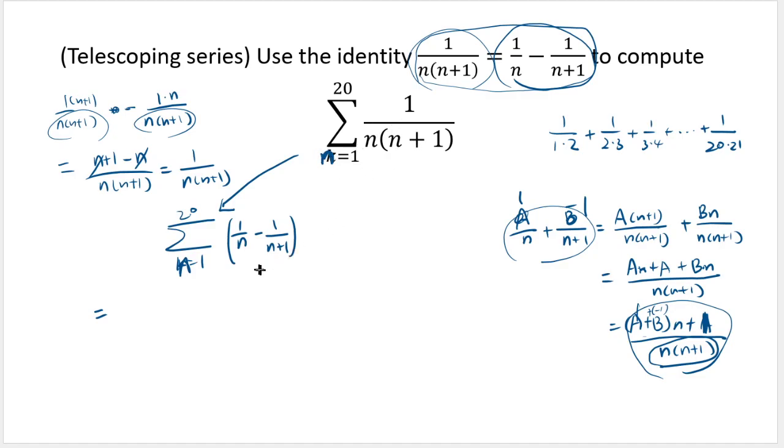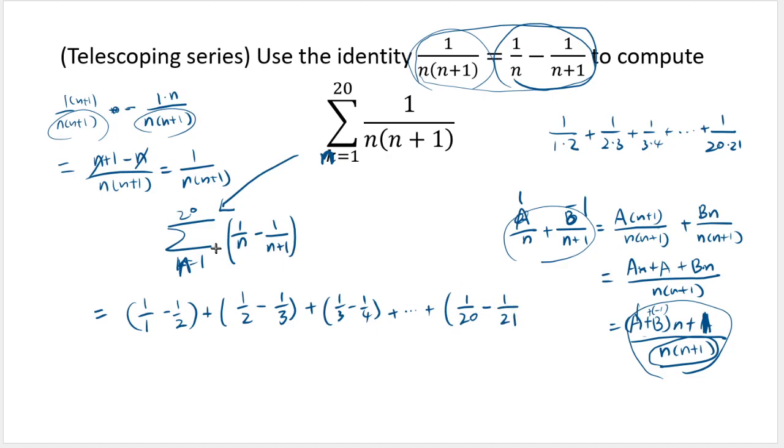So if this is n, you plug in 1 first, so it's 1 over 1 minus 1 half, plus then the next number for n is 2, so it's 1 over 2 minus 1 over 3, plus 1 over 3 minus 1 over 4, and you keep going until you reach the last one, which is 1 over 20 minus 1 over 21, because n is 20 at the last term, so this will be 20, that will be 21.